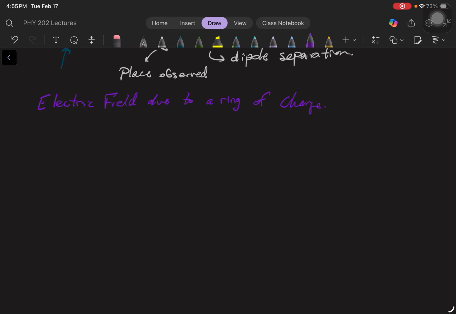Well, it's a line that's a circle. Right, so let's say we'll go light blue. That seems fun. So let's say we have some ring of charge.